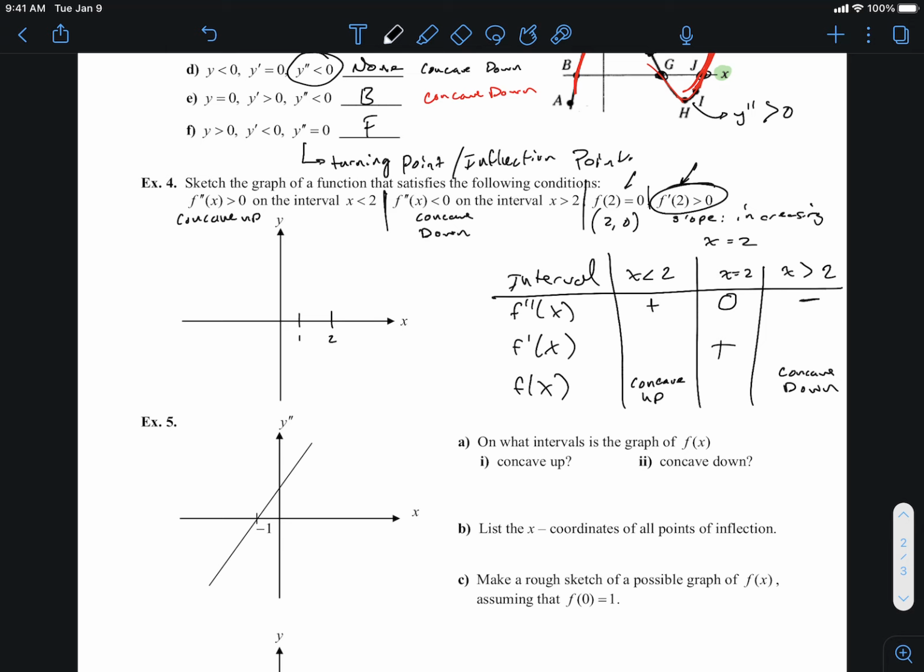We know the slope here has to be increasing, and for x greater than 2, just on the other side of x equals 2, the graph is going to, sorry, I shouldn't draw that as a straight line. The graph's going to go like this. It's going to make the transition to concave down. And this point here is (2, 0).